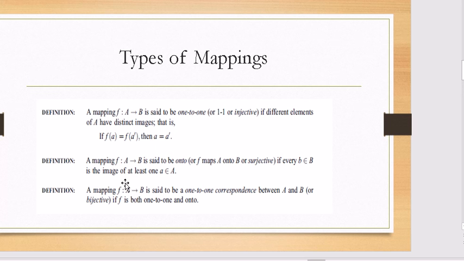The next definition is about the bijective function, also termed a one-to-one correspondence. A function f is said to be a one-to-one correspondence between the sets A and B if f is both one-to-one and onto. So these are some basic categories of mappings.